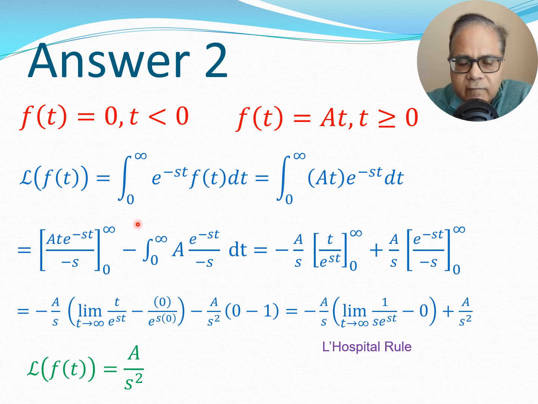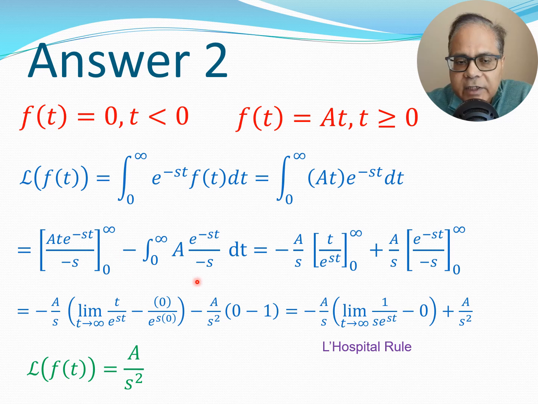Then again here I have the differential coefficient of the first function, which is simply going to give me a, and then here I am going to get e to the power minus st by minus s. Now I can further simplify this. So in this particular term here I can take out negative a by s, which I do, and so I'm left with t divided by e to the power st. This is from 0 to infinite.